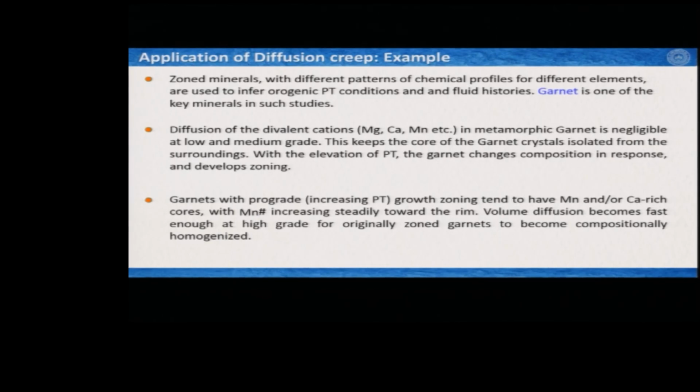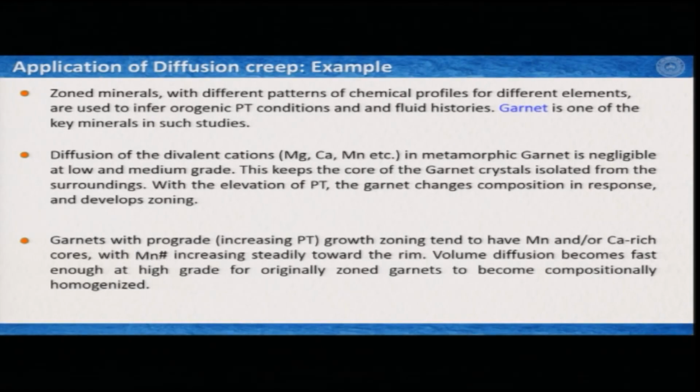But if the temperature is high, then diffusion starts operating, and the elements, particularly the divalent cations, move within the garnet following a typical pattern. Several studies have shown that garnets with prograde growth zoning tend to have manganese or calcium rich cores with manganese number increasing steadily towards the rim.